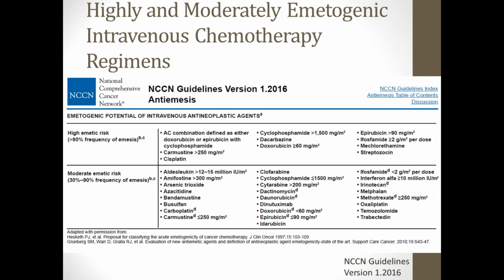This is a table from the NCCN, which is fairly comprehensive. As you can see here, these are your IV chemotherapy drugs that are highly or moderately emetogenic in nature.